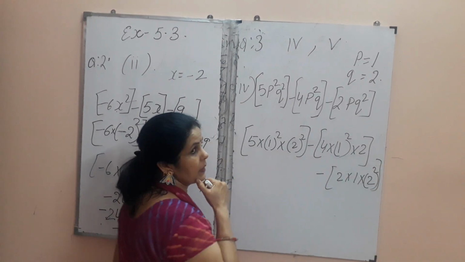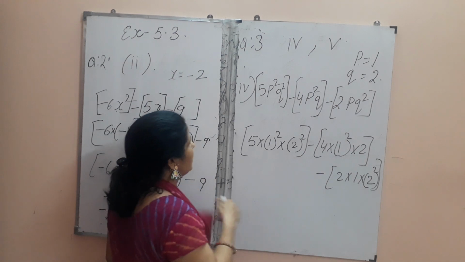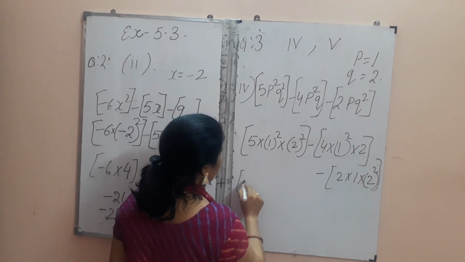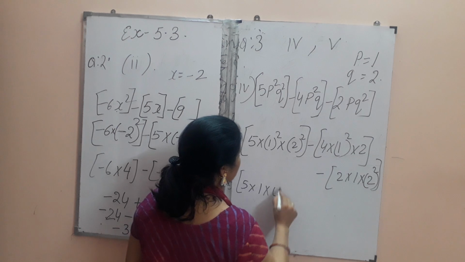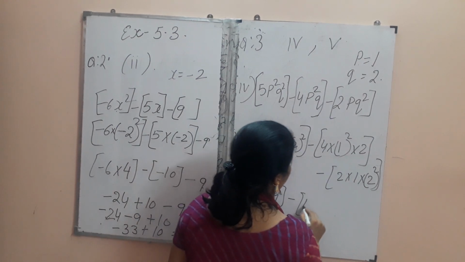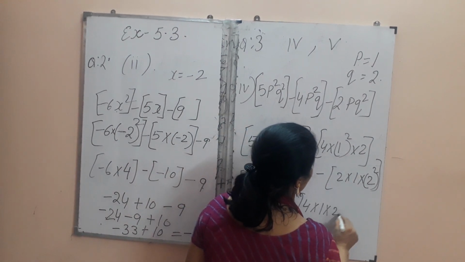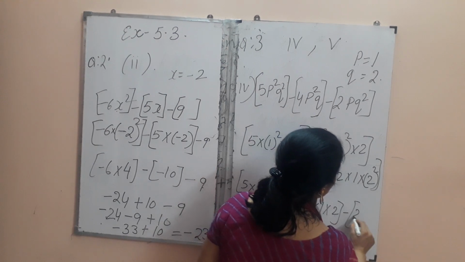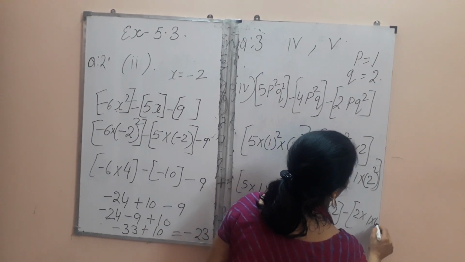Now we will solve the big brackets. 5 into 1 into 4, minus 4 into 1 into 2, minus 2 into 1 into 4.